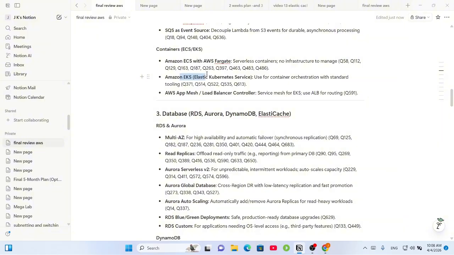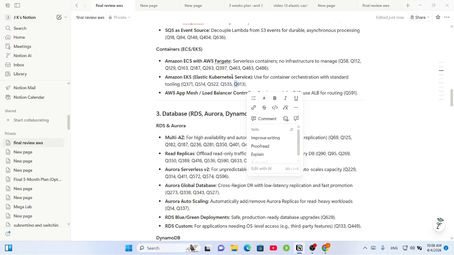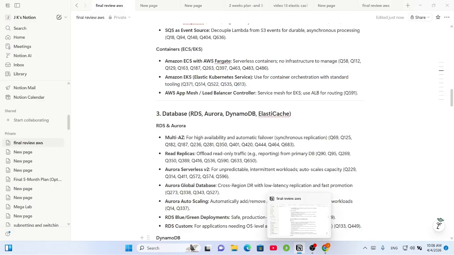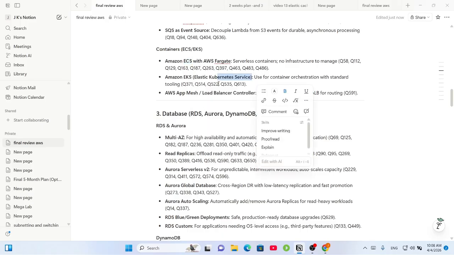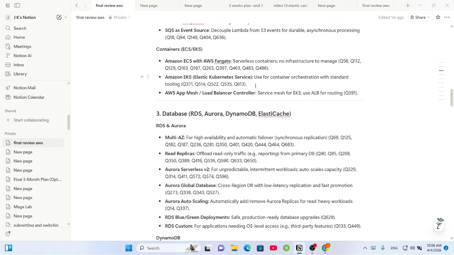And EKS is Elastic Kubernetes Service. It's used for container creation with standard tooling. We use this one basically if you want to use Kubernetes. Okay, ECS is Amazon specific. Kubernetes is if you want to use Kubernetes to manage and provision containers. It's used for container orchestration with standard tooling.